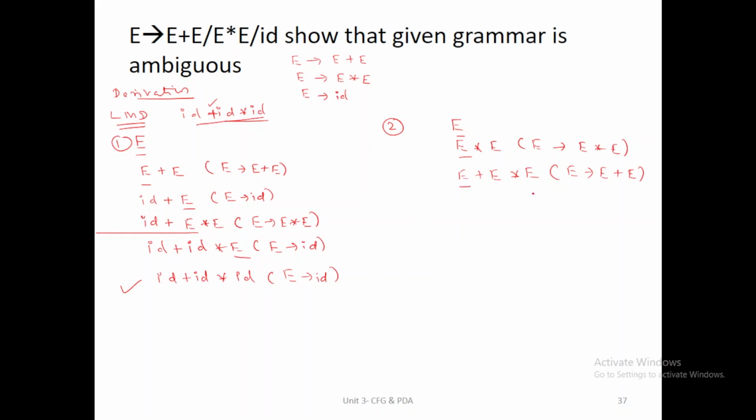Then there are three E's available. The first left E will be replaced as id, and write the remaining symbols as they are. Then the first two symbols are terminal. The third one is non-terminal, and that will be replaced as id.